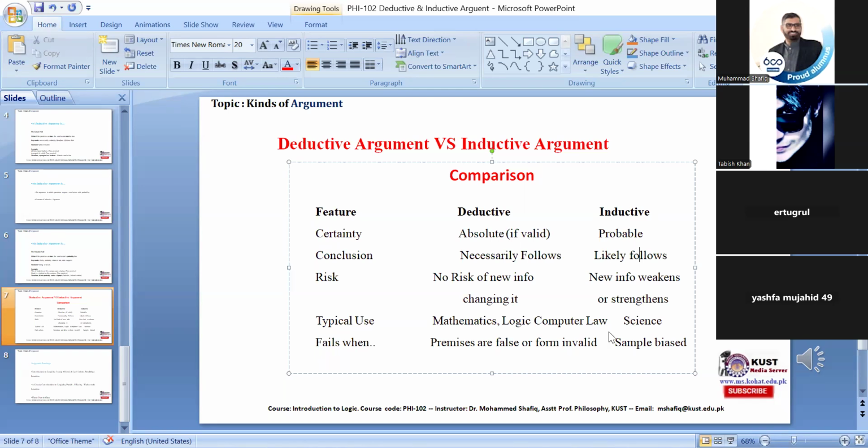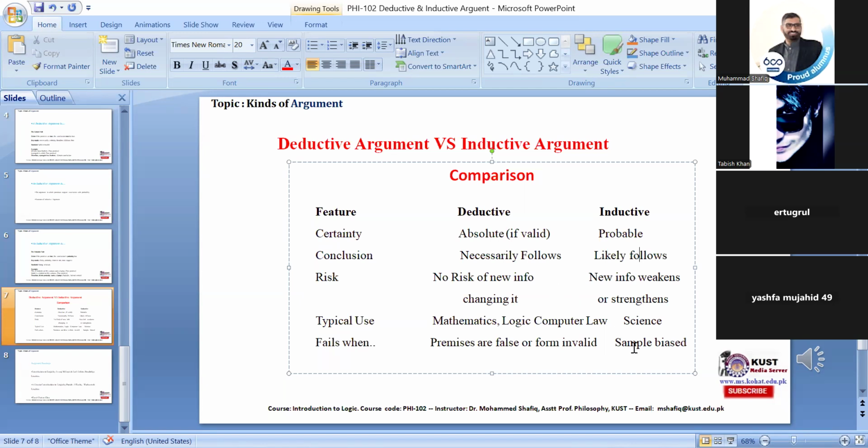On the other hand, induction fails when the sample is biased or the sample is too small. For example, suppose we are conducting research on the reasons of poverty in Kohat.